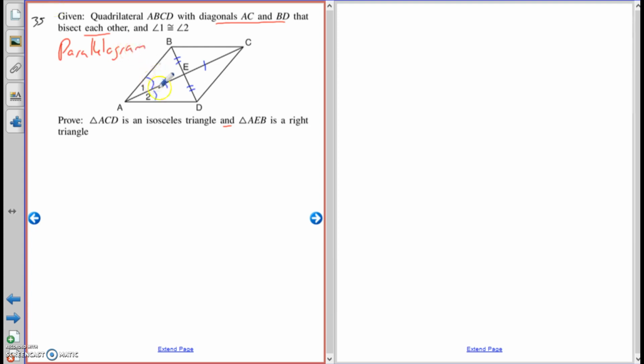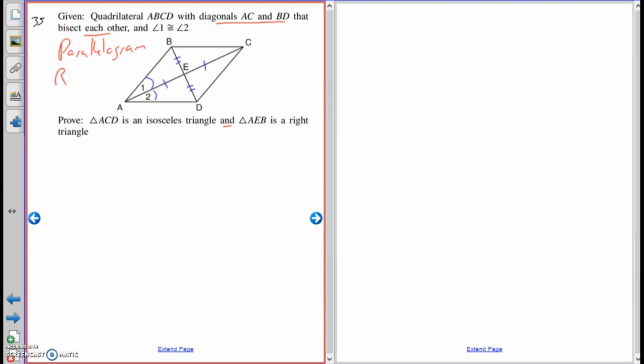And then why are they telling me angle 1 is congruent to angle 2? Well, that means that this diagonal is bisecting this angle. And if it's a parallelogram with diagonals that bisect angles, that's the problem's way of telling me it's a rhombus. And if it's a rhombus, then I have congruent sides and perpendicular diagonals.